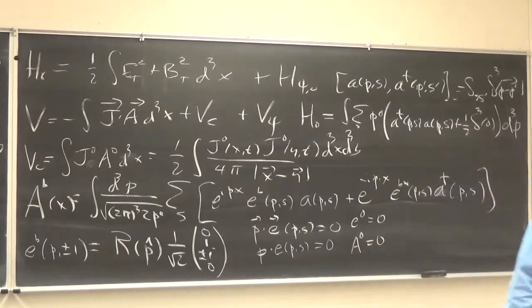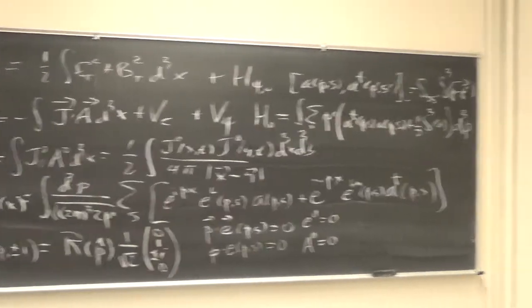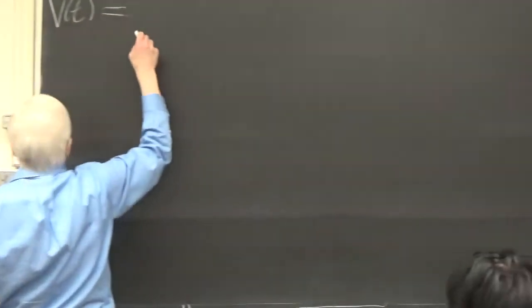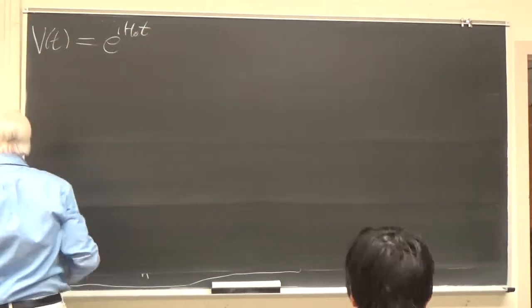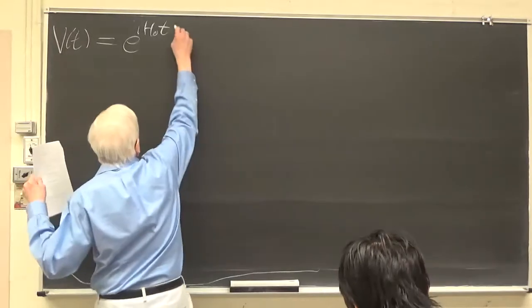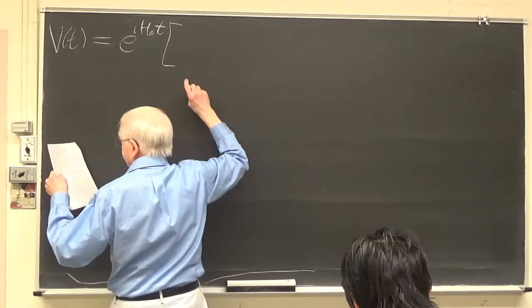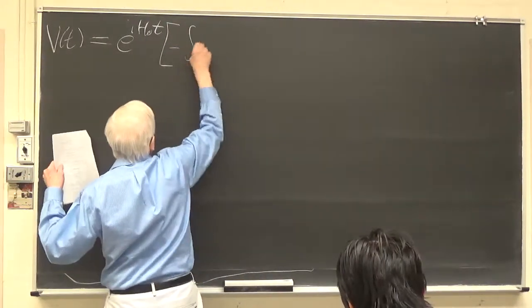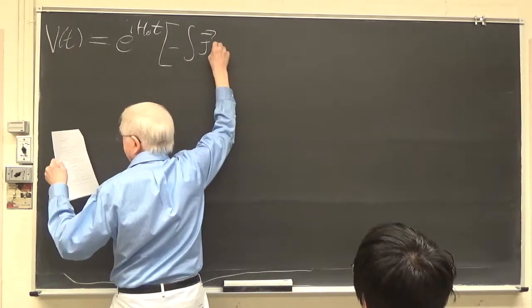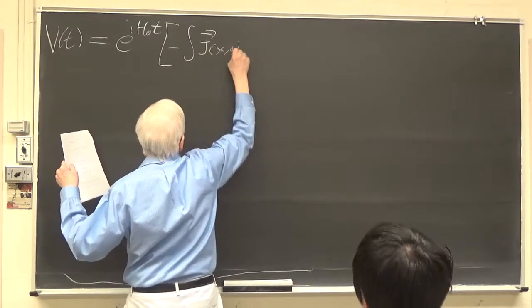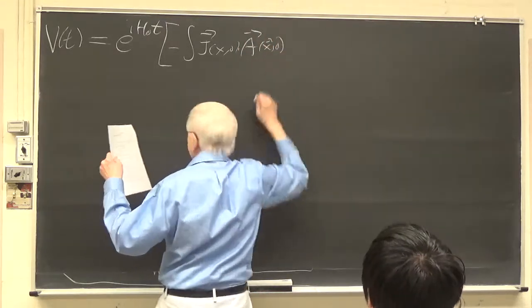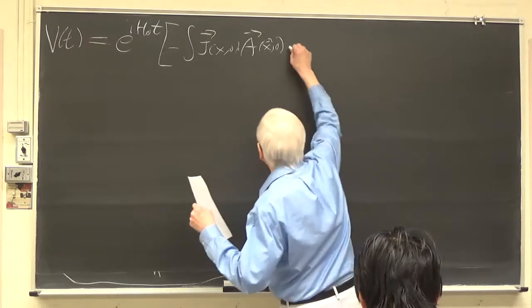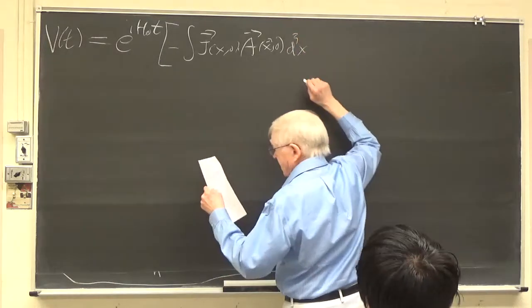And the interaction is V of T is equal to, we're in the interaction picture, so we move things along with the free field time dependence. We have then minus J of x and 0 dot A of x and 0 equal x.